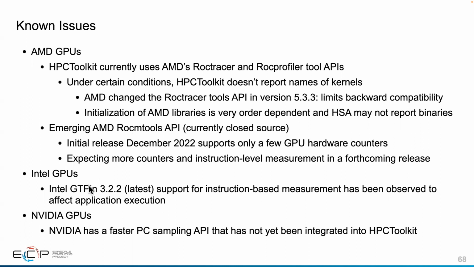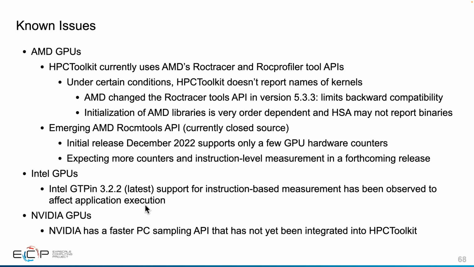On Intel GPUs, we're using Intel's GTPin for instruction-based measurement. GTPin has been relatively reliable in the past, but with the new GTPin and complex applications on Intel's latest GPUs, we've seen that GTPin has been observed affecting application execution.